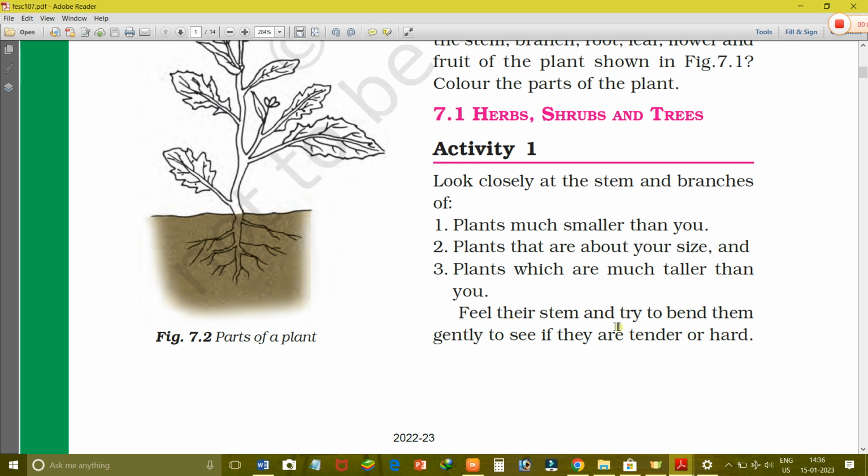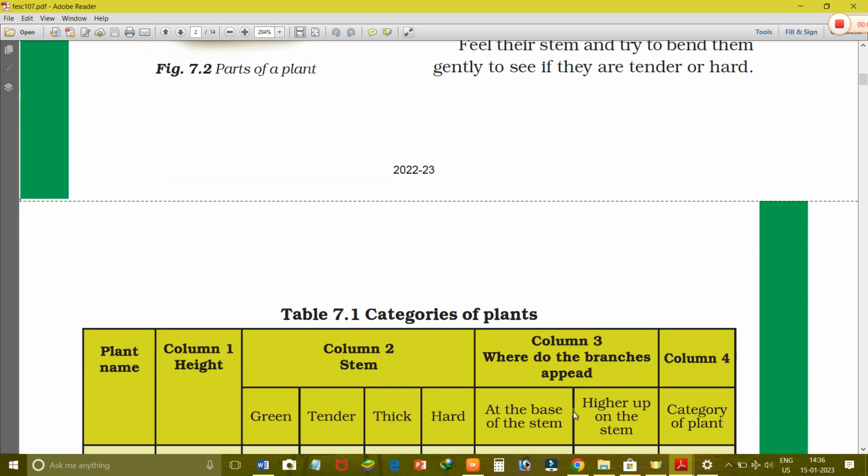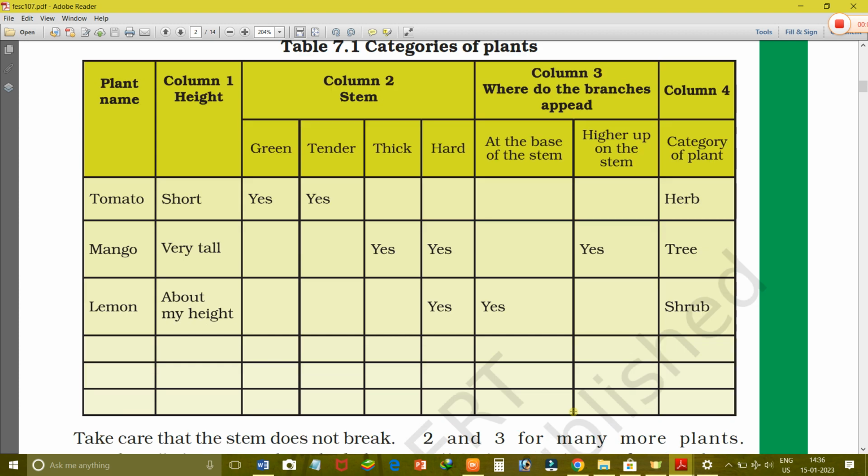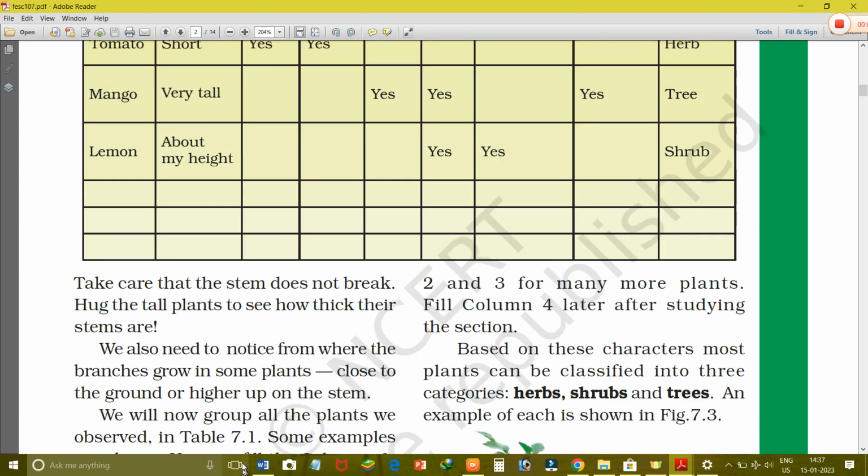Feel their stem and try to bend them gently to see if they are tender or hard. Take care that the stem does not break. Use the tall plants to see how thick their stems are.